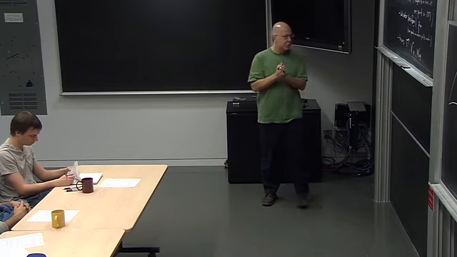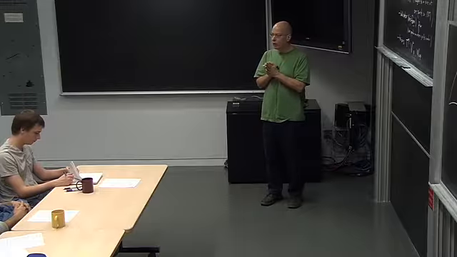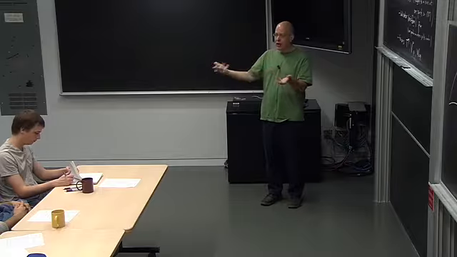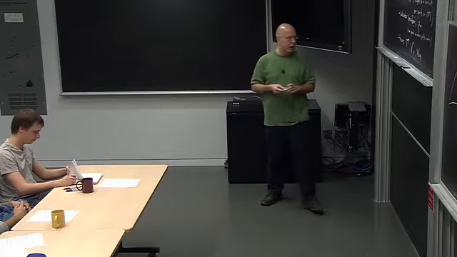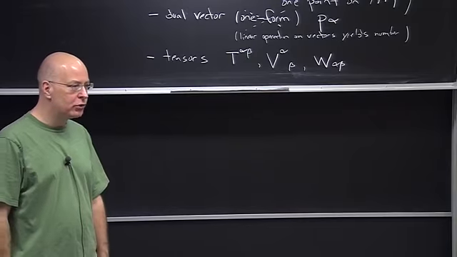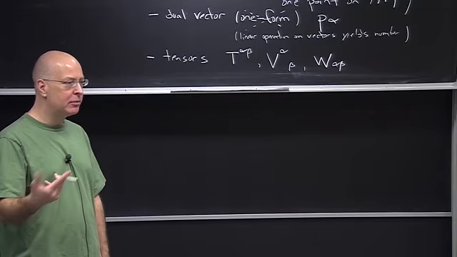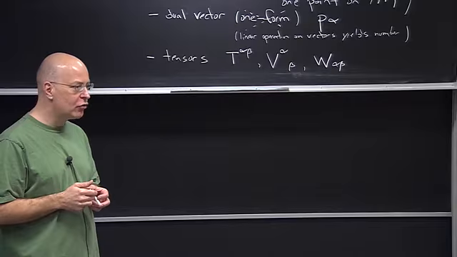So in my more pedestrian context, I'm happy just to use the component notation like this. And in the book, I'll talk about how these things change if you make a coordinate transformation. The point there is that, to make a tensor, it's not enough to produce just a whole bunch of numbers and give them a name and some indices. They have to transform appropriately if you do a coordinate transformation.